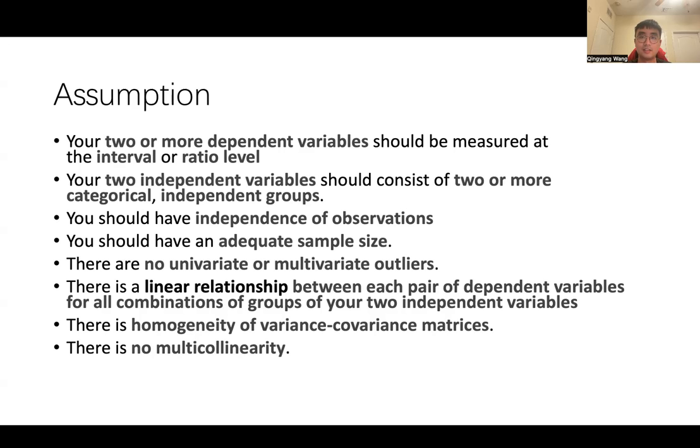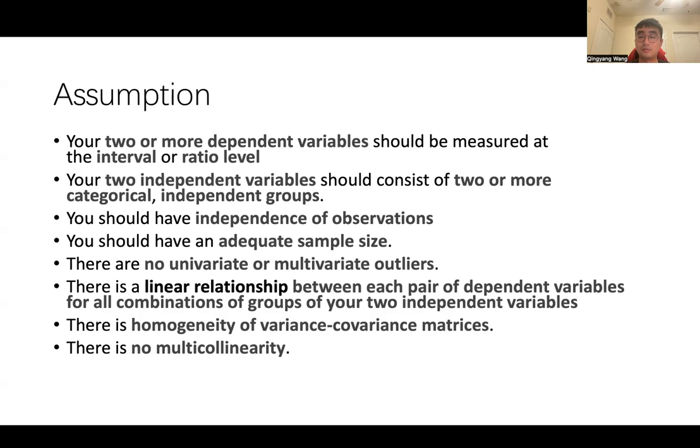Let's assume that yes, there is a linear relationship between each pair of dependent variables and of my two independent variables. And the next one is that there is homogeneity of variance-covariance matrices, and there is no multicollinearity. That's all the assumptions of the factorial MANOVA.